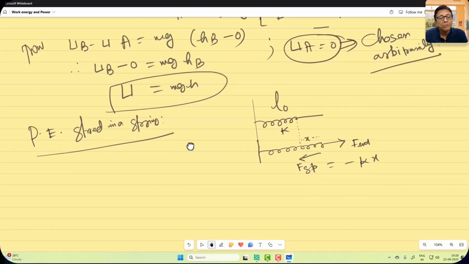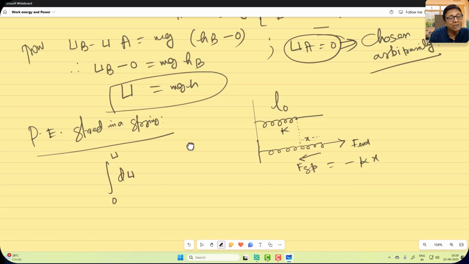Okay? So, how to calculate the energy of elongation. Initial elongation is 0. So integrate this one, dU. Initial potential energy also you assume 0.